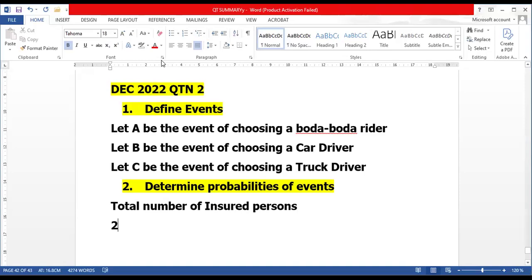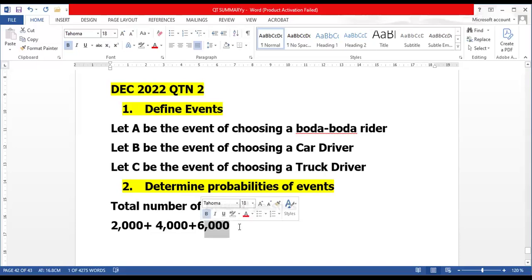Guys, can you hear me? Don't get tired, because I don't want to be speaking to myself. 2,000 plus 4,000 plus 6,000. 2,000, these are border riders. Then 4,000, these are car drivers. Then 6,000, these are truck drivers.